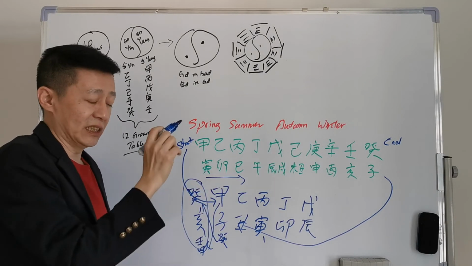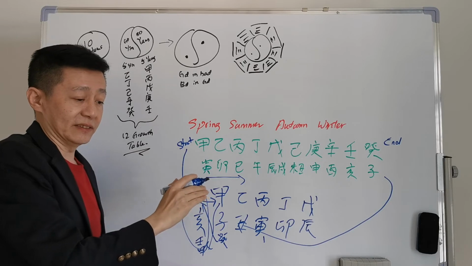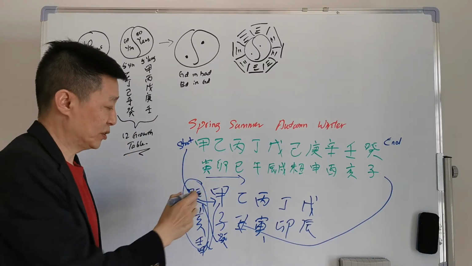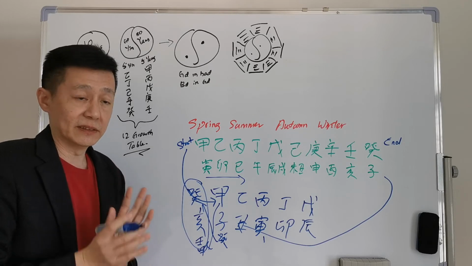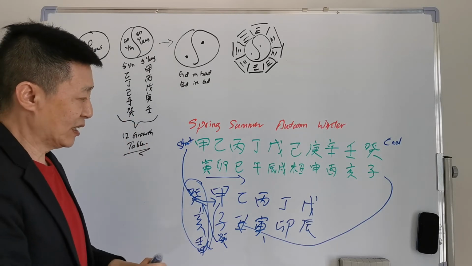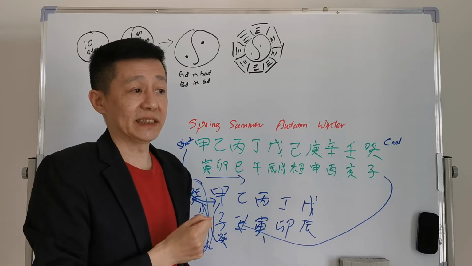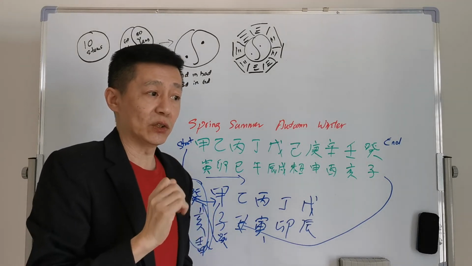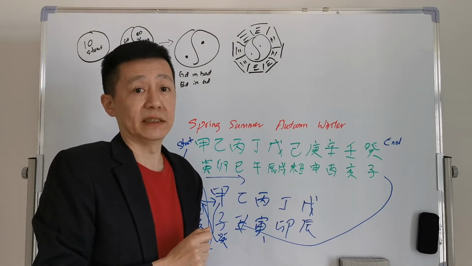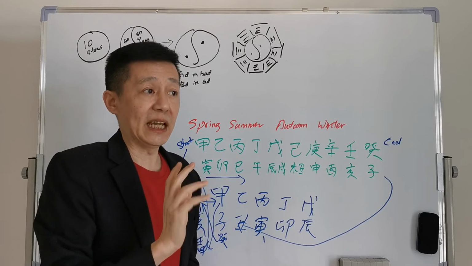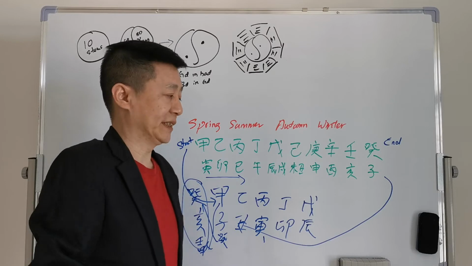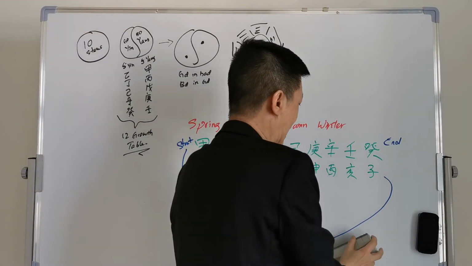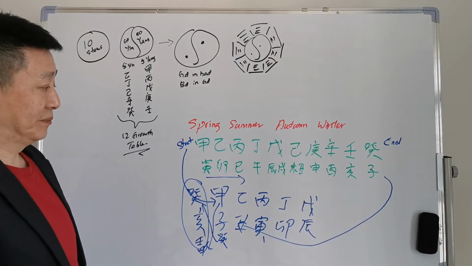This is called every start and end, they are together. So 60 jiazi is the only 60 pillars in the universe that everyone cannot escape. Whether you believe or not, you cannot escape. This is how they start.